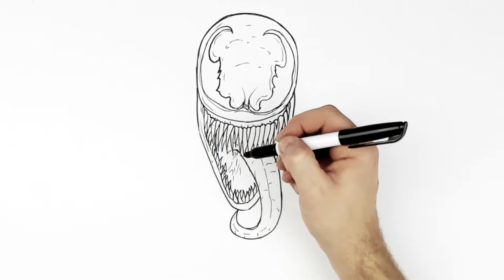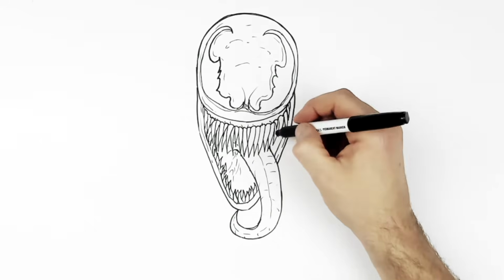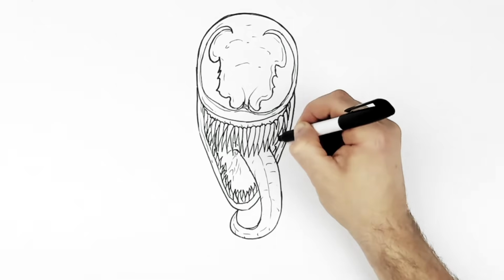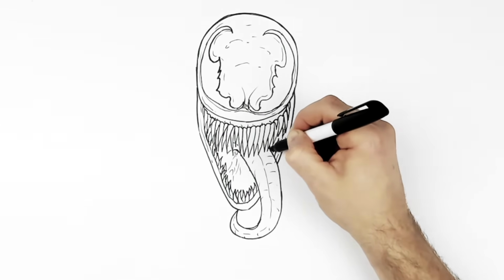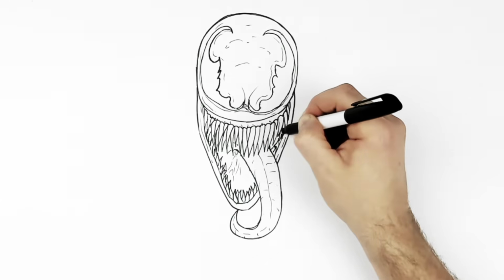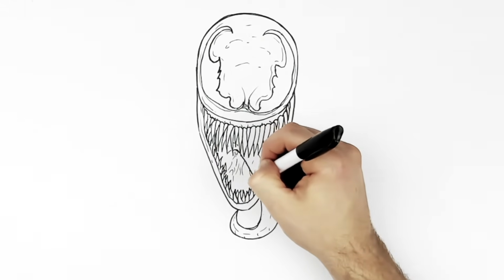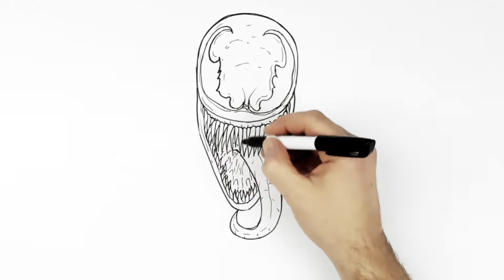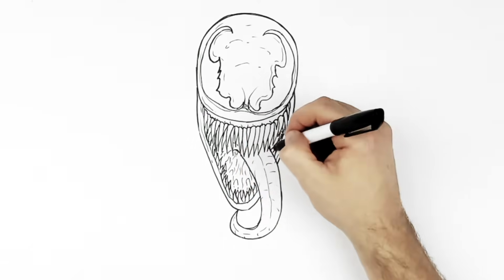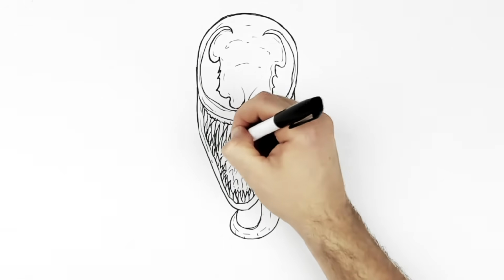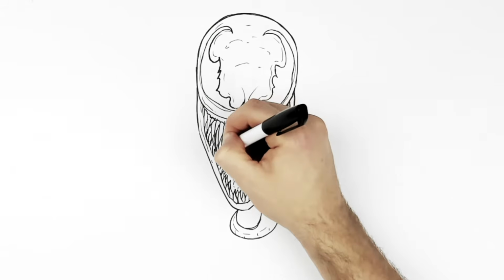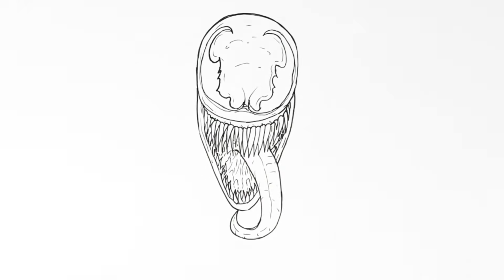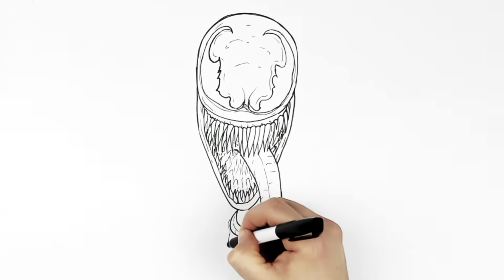Loads and loads of teeth. And some up here as well. And then you add texture lines and stuff all in here. And a bit of drool hanging down off the tongue.